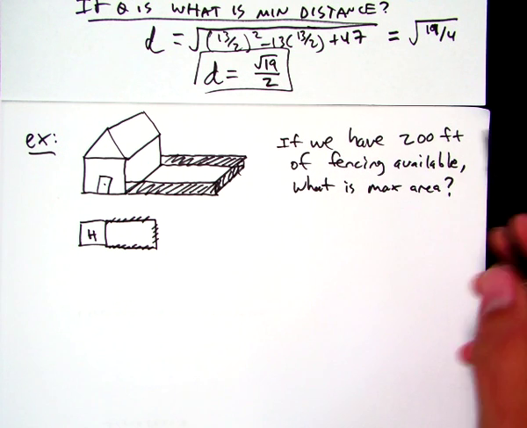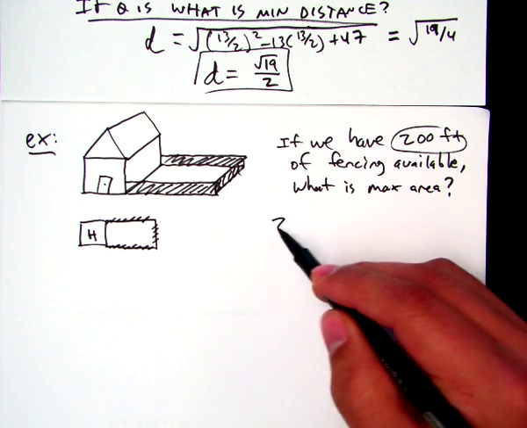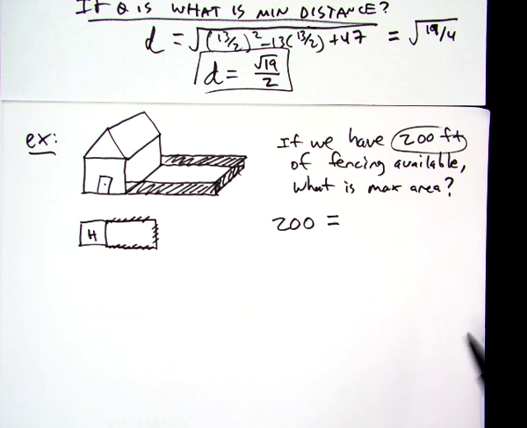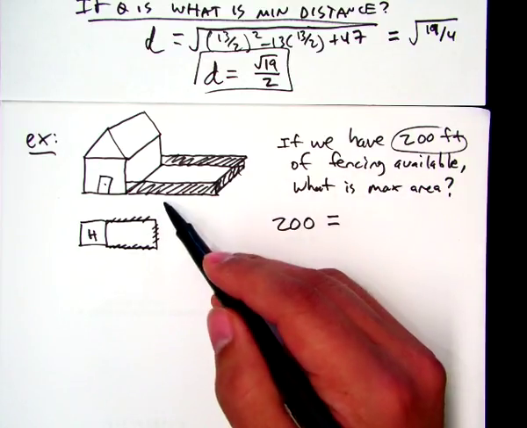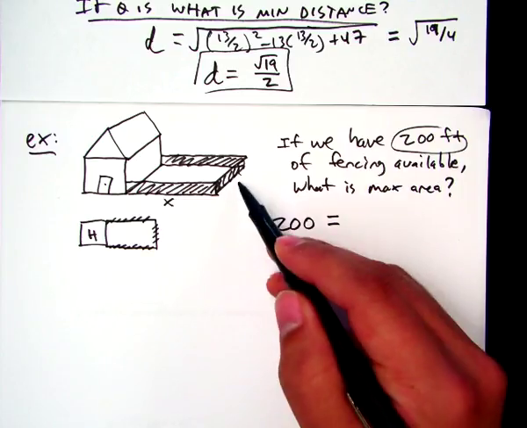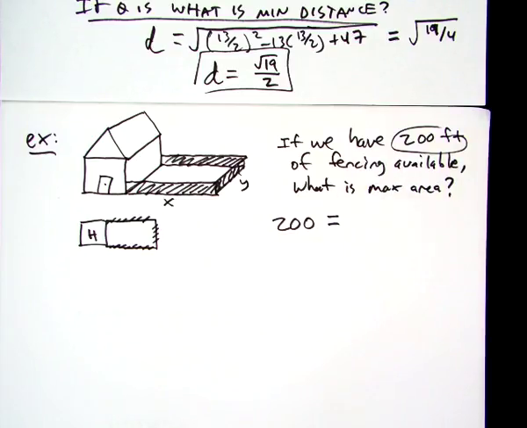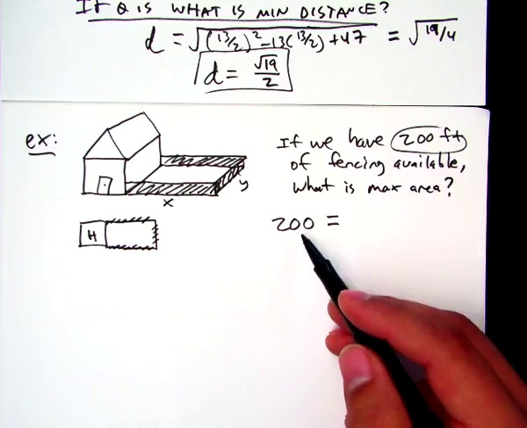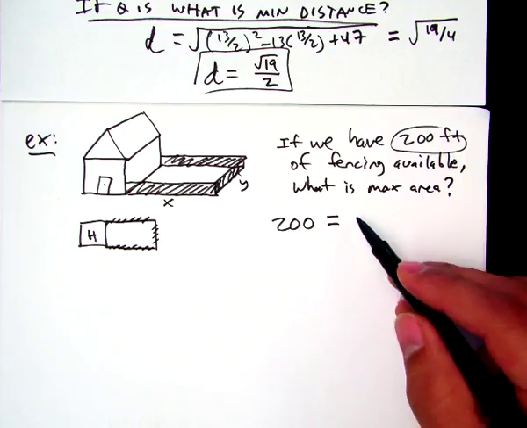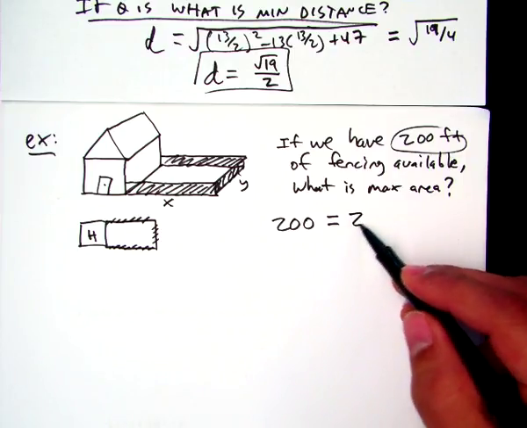So if we have 200 feet of fencing available, how many sides am I using for the fencing here? Let's label them. Why not X and Y, let's say. So 200 would have to come from what? 2x plus y. Good.